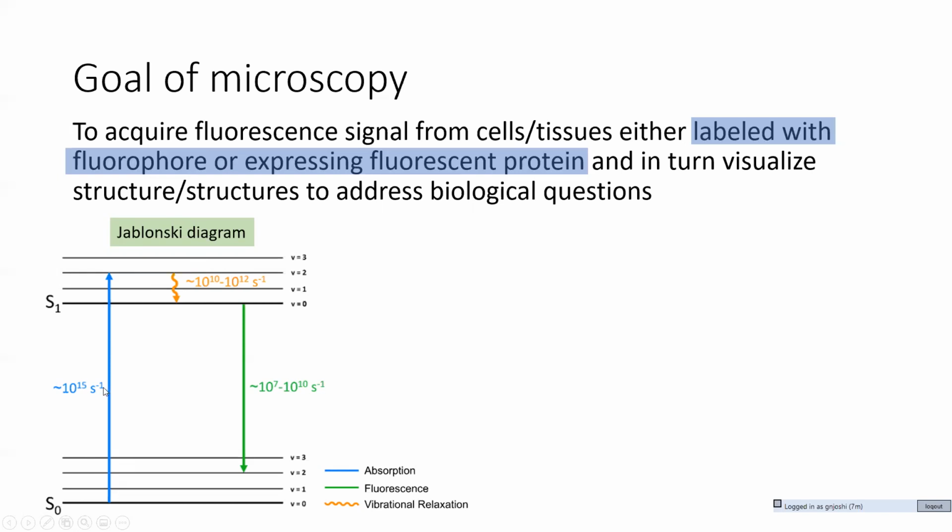One is they release the energy, and when they do so, they come down to the ground state at a longer wavelength. So this is your blue wavelength, for example, 488 nanometer, and when they come down to the ground state, it's 520 nanometer, which is the green wavelength.